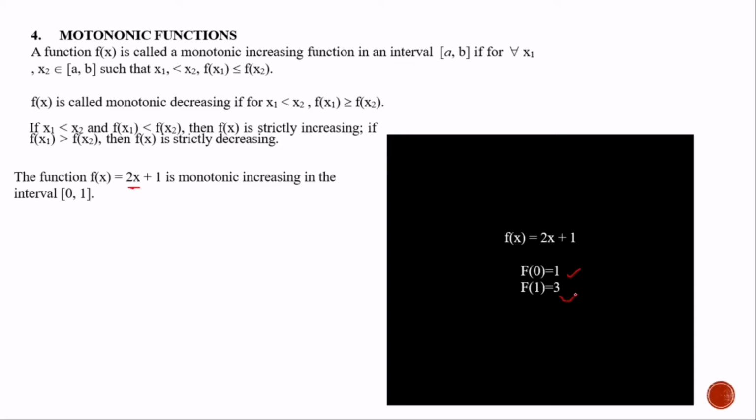So it means that it is increasing, because when you try 0.1, 0.2, it will start from 1 and end at 3. So 0 to 1 gives you an interval between 1 and 3. For this, please kindly comment the least upper bound and the greatest lower bound in the comment section. Yes, I know you've done that. The greatest lower bound is 1 and the least upper bound is 3.